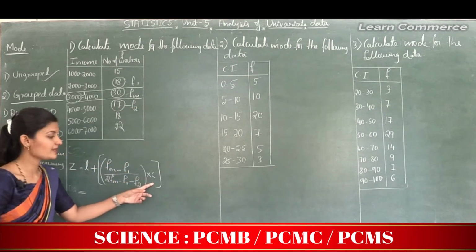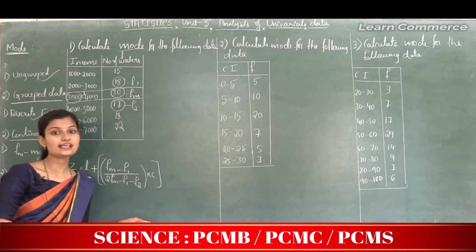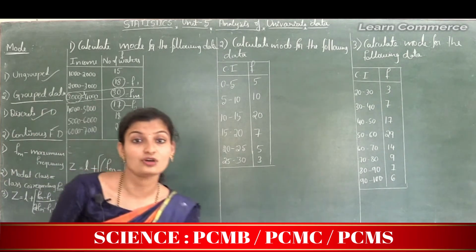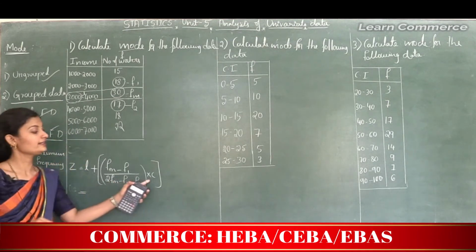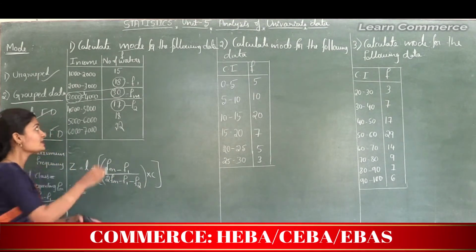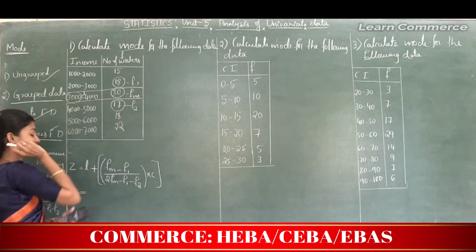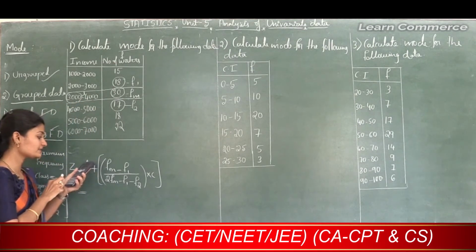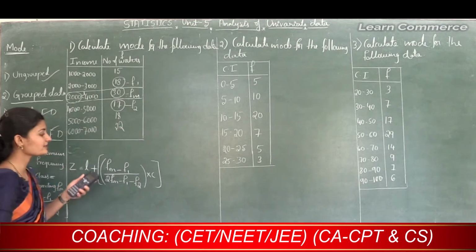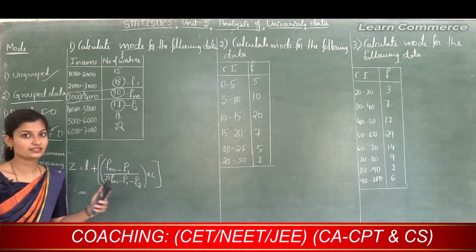Okay, next, based on the formula we need C. C in the sense, what? That is class width. So how to calculate class width? We can find class width using a formula. The formula is upper class limit minus lower class limit. Here the upper class limit is 4000 and the lower class limit is 3000, then 4000 minus 3000. Here the class width is 1000.